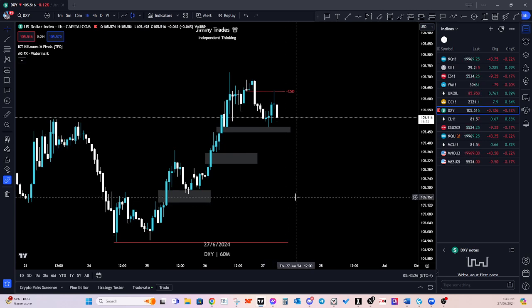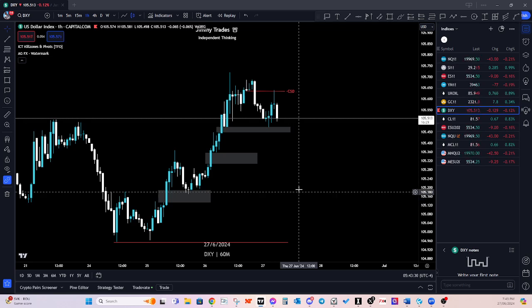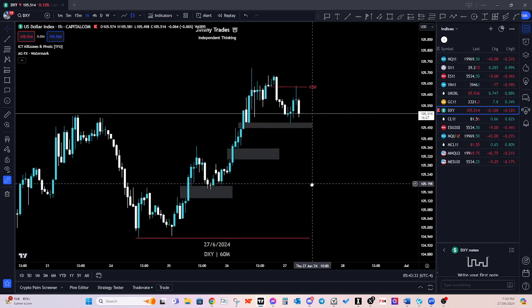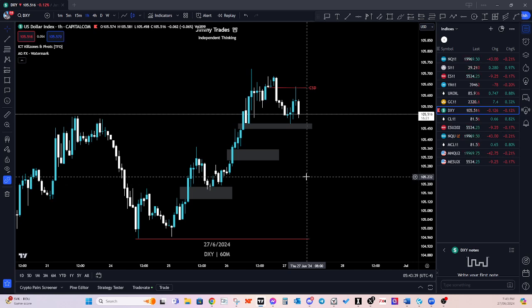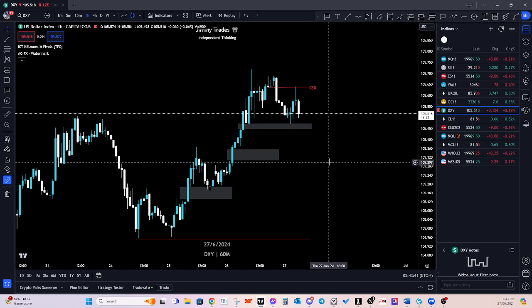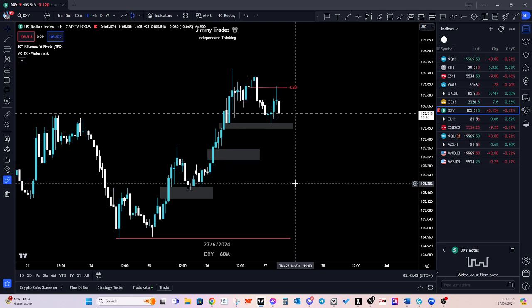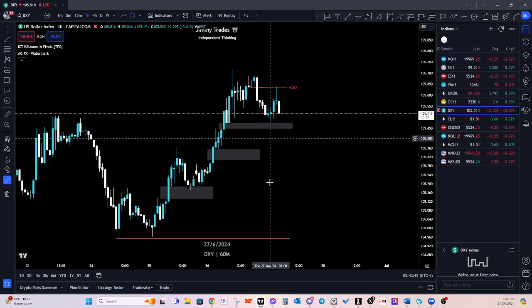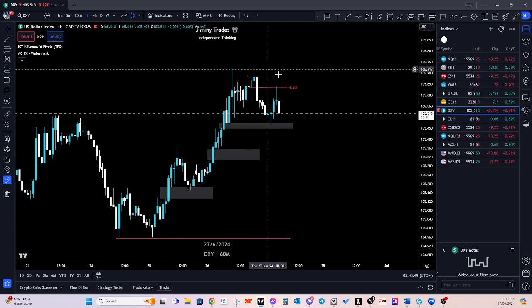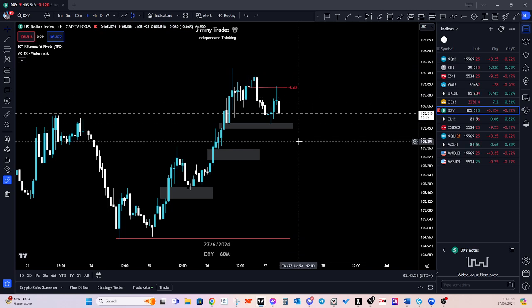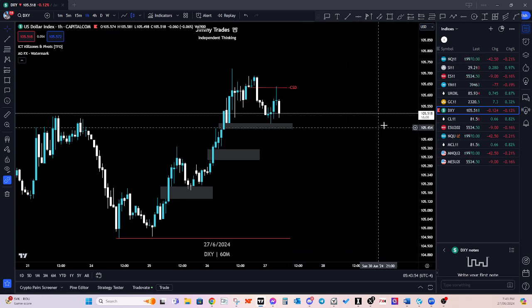We've got high impact news at 8:30 today and at 10 a.m. So I imagine that the news drops will impact price and give us our true direction. So I'm bearish on the daily and I'm sitting neutral at the moment on the hourly chart for Dixie.